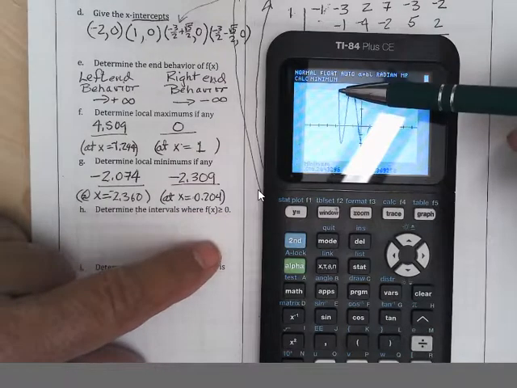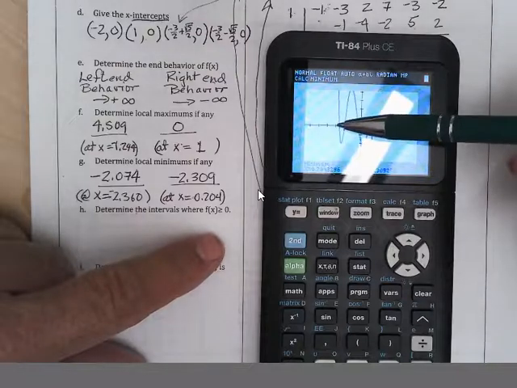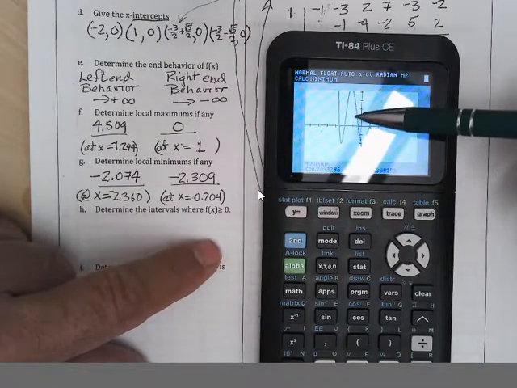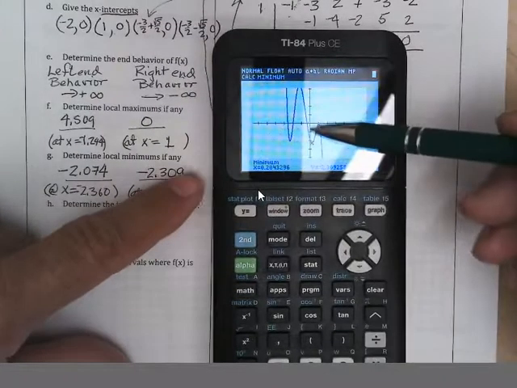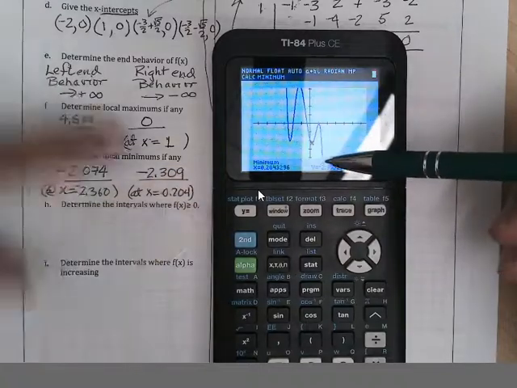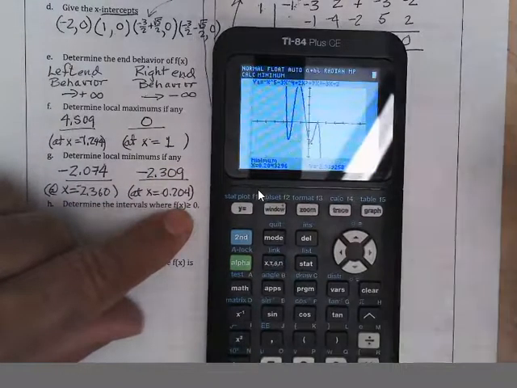Well, this graph is above the x-axis. It's above 0, below 0, above 0, and it goes down below 0, and it gets up to, touches 0, and then goes down.